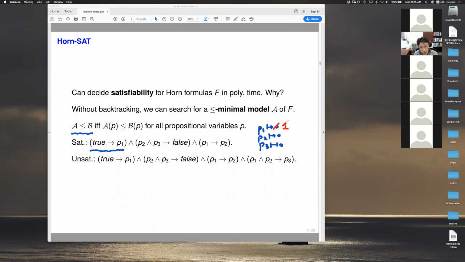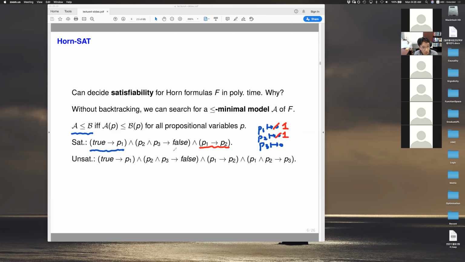Now if P1 is equal to 1, that activates this third clause in the formula. The third clause says if P1 is equal to 1, P2 also has to be equal to 1. So we make a revision here and set this equal to 1. That takes care of the third clause.